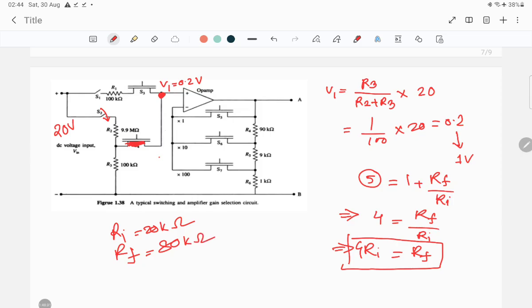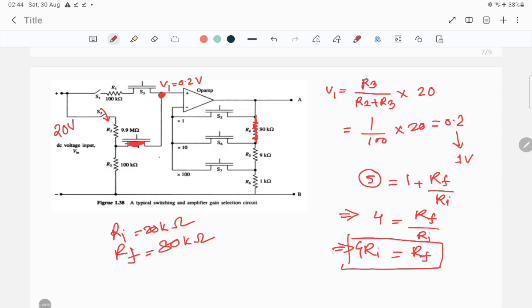Okay, now how can you actually create this variation? In this 90 kilo ohms, instead of using a single 90 kilo ohm resistor, you can use two separate values. Over here you may use a resistance and another resistance.